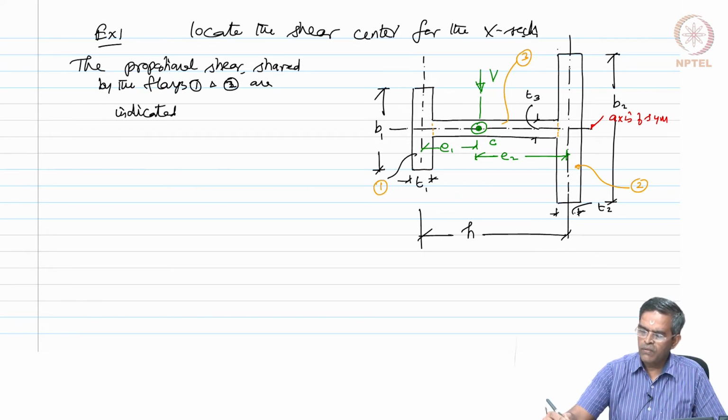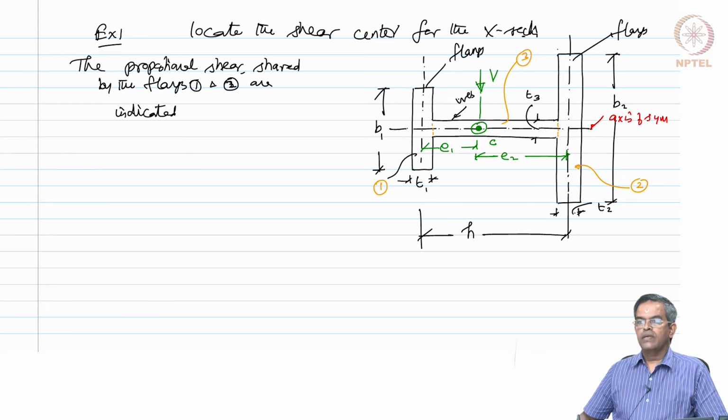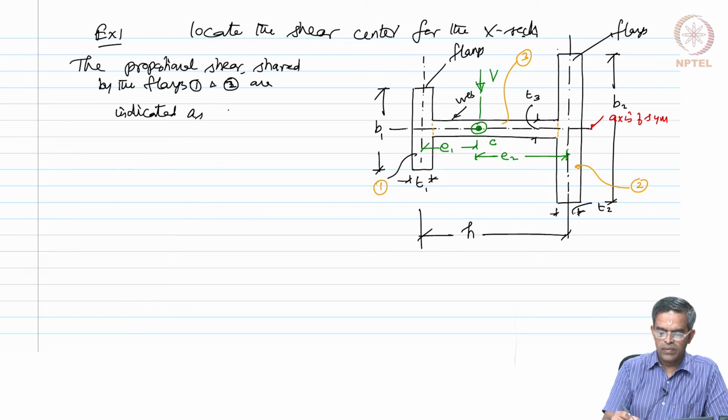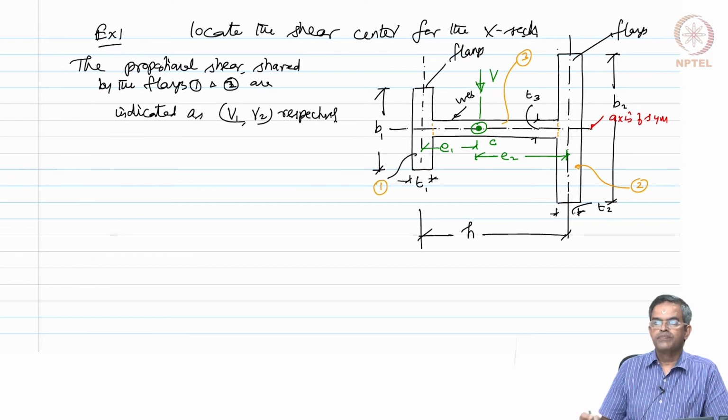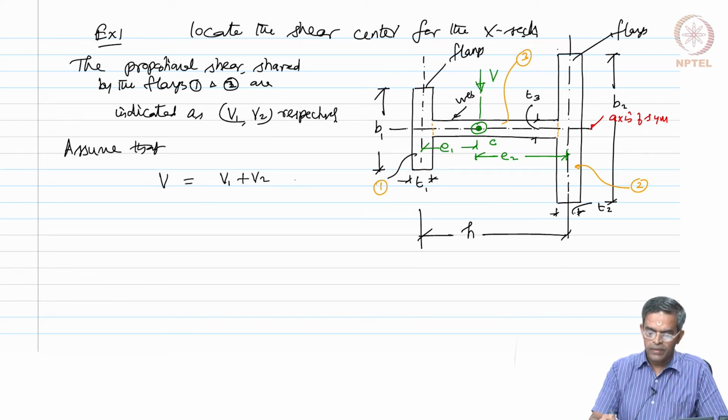By the way, we know that they are flanges, and this is called a web. So, we assume that the total shear V is counterbalanced by these two shears.